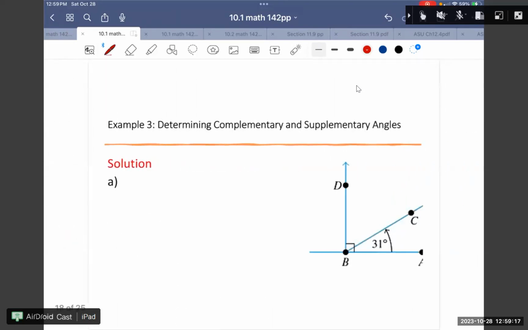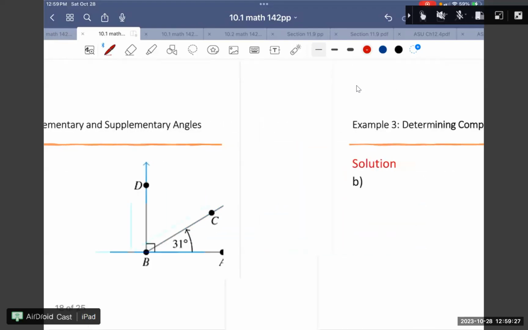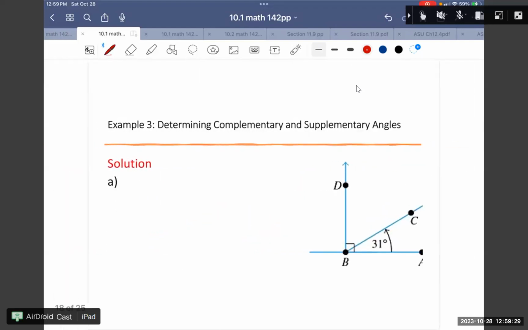Right here, so this is the solution for this. We have the measure of angle ABC, which is 31.